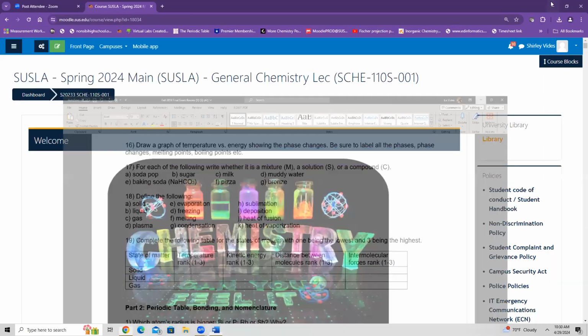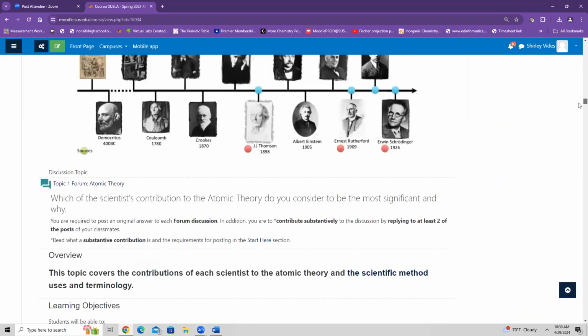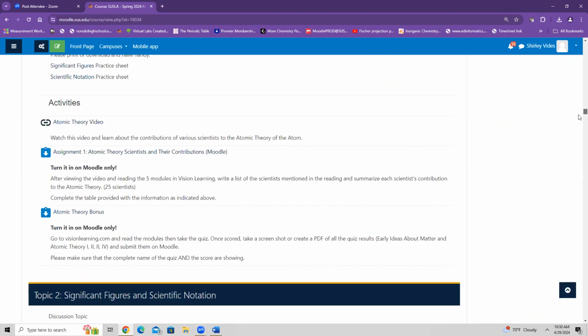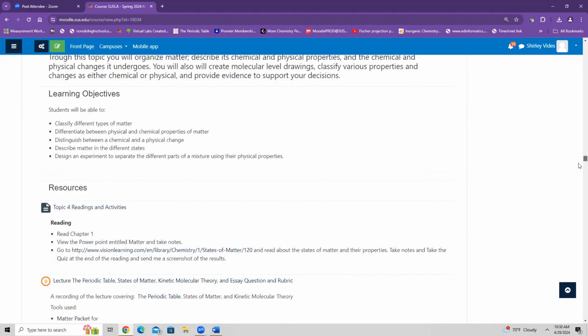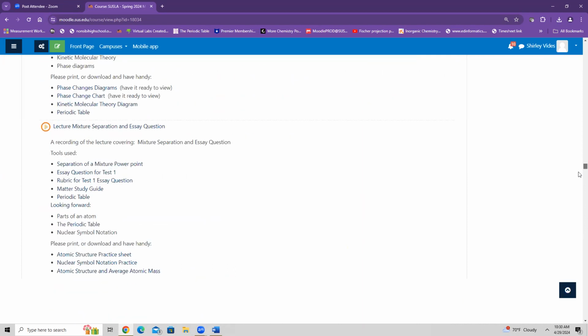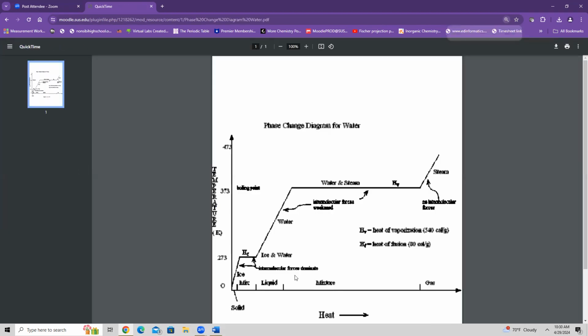So we're going to go to the one that says temperature and energy, which I think is our first one. Where's matter? There it is. Okay. So it's this one right here, if I'm not mistaken. Yeah. See how it's temperature, heat is energy. So that's the one.